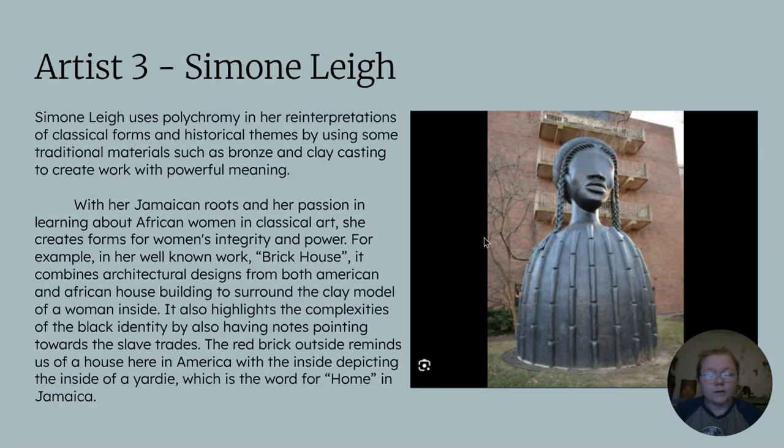It combines architectural designs from both American and African household buildings to surround the clay model of the woman inside. It highlights the complexities of Black identity by also having notes pointing towards the slave trades. The red brick outside reminds us of a house in America, whereas the inside depicts a yardie, which is the word for home in Jamaica, which is also where Simone Leigh is from.